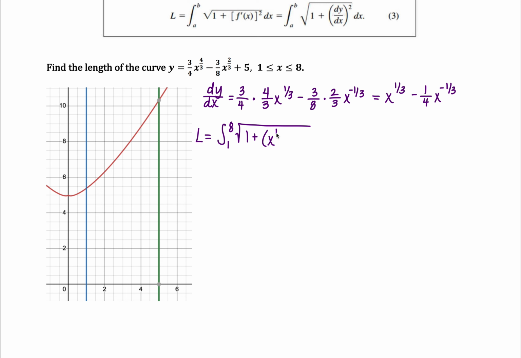So we have x to the 1/3 minus 1/4 x to the negative 1/3 squared. Now we're going to do a little bit of algebra to clean things up inside that radical. I'm going to go ahead and multiply out that x to the 1/3 minus 1/4 x to the negative 1/3 squared.